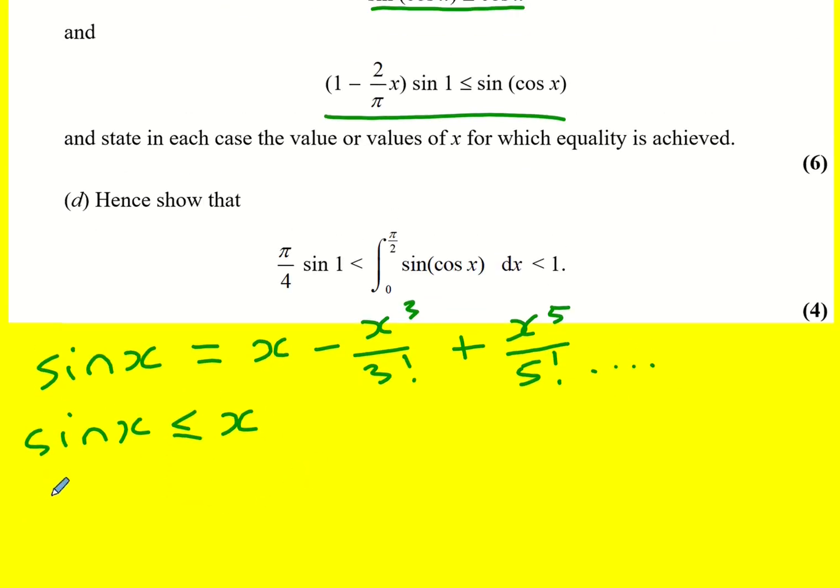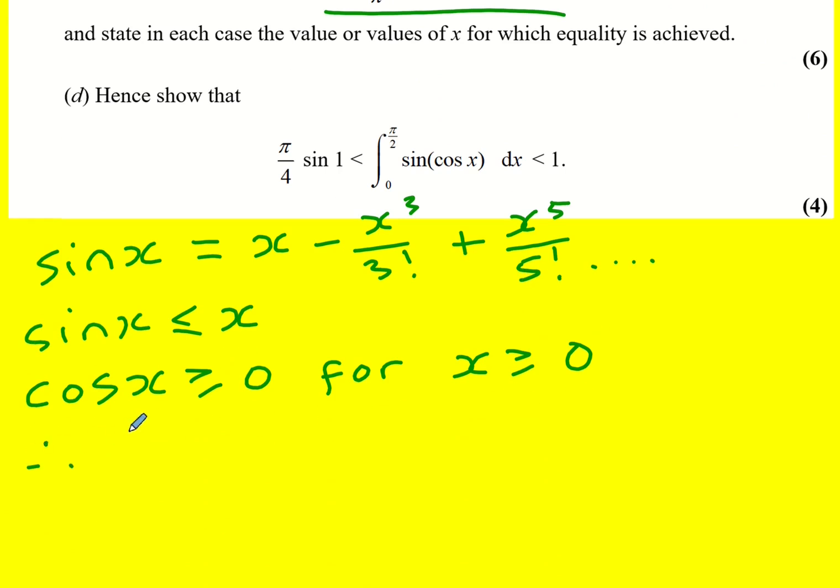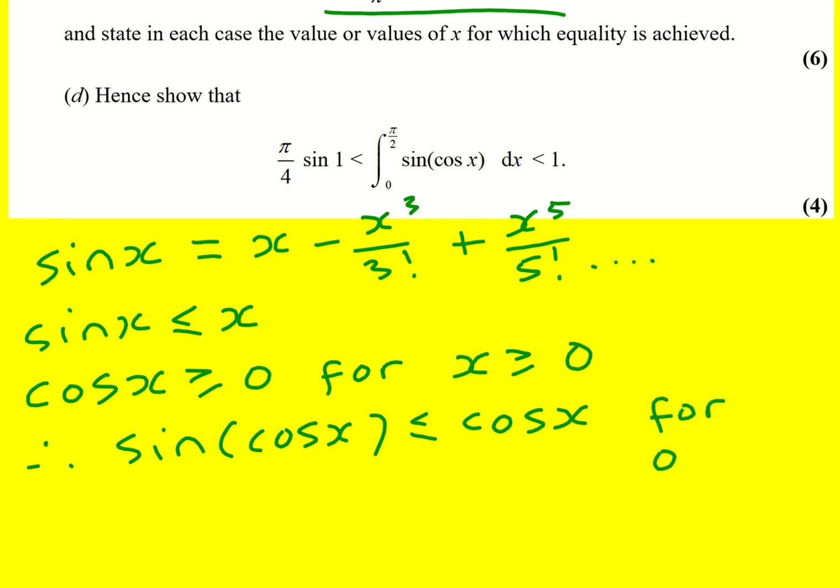So this is true. We've got that cos x is greater or equal to 0 for x greater or equal to 0, which is one of the conditions, and therefore sine of cos x is less than or equal to cos x for 0 to pi over 2.